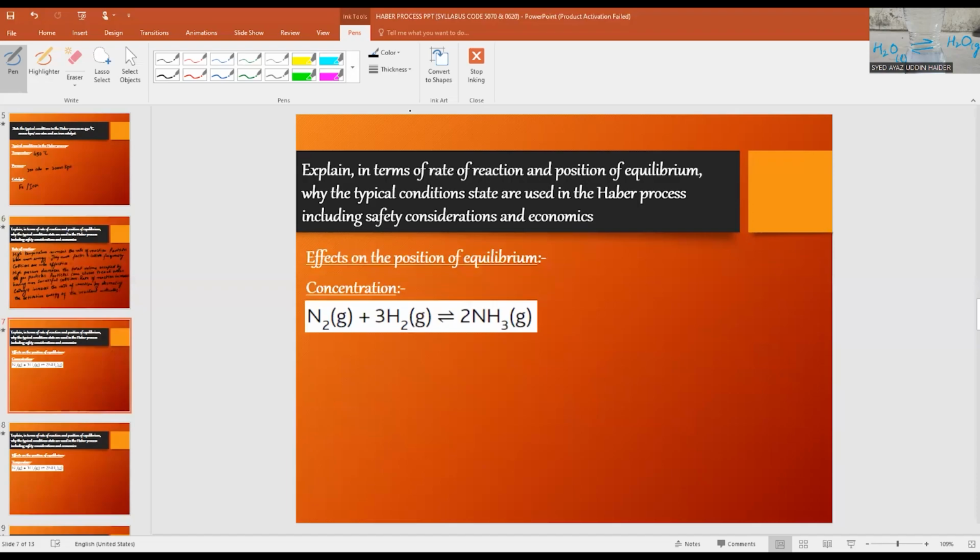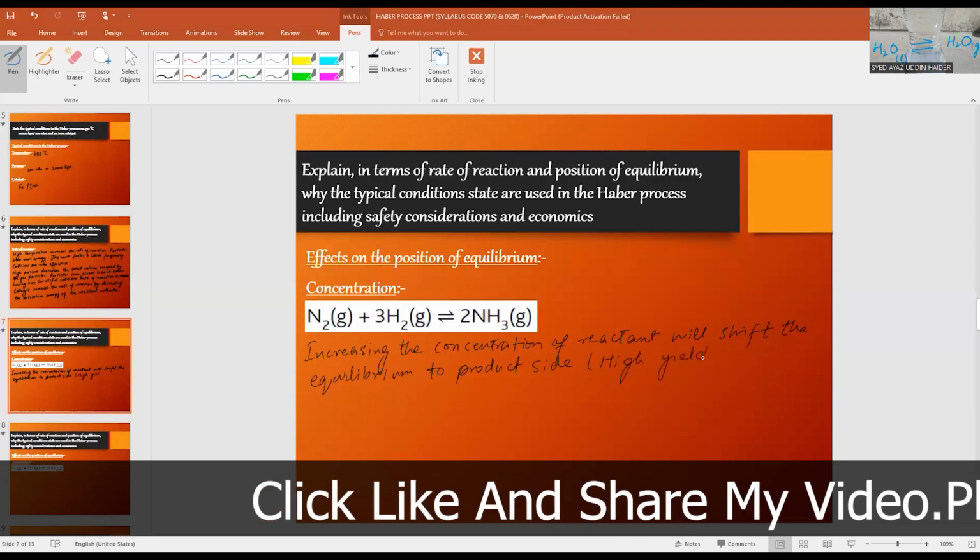Increasing the concentration of nitrogen or hydrogen or even both will shift the equilibrium to the product side, or we can have a high yield of ammonia.